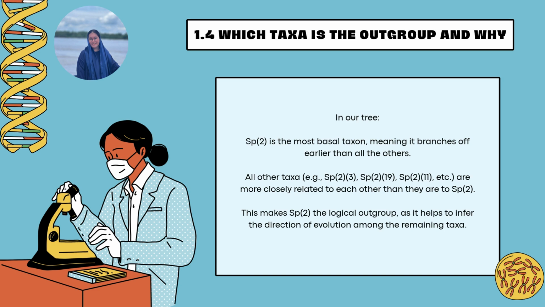All other taxa, for example SP23, SP29 and SP219, are more closely related to each other than they are to SP2. This makes SP2 the logical outgroup, and it helps to infer the direction of evolution among the remaining taxa.